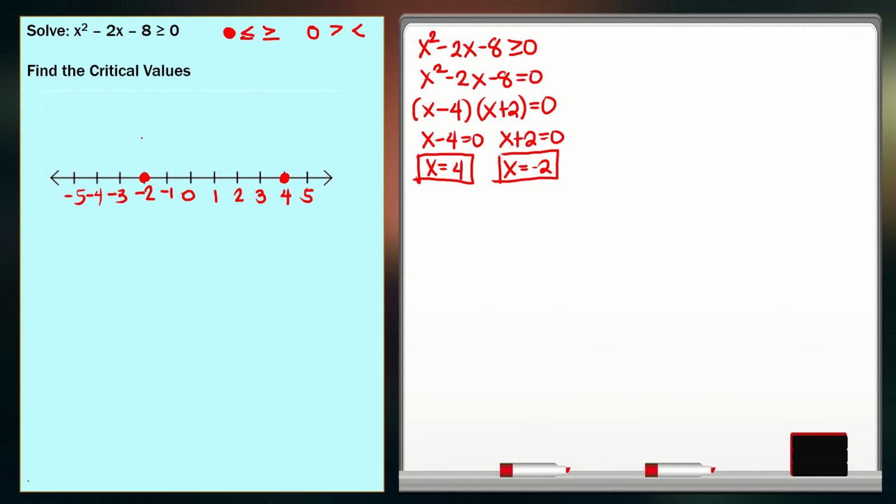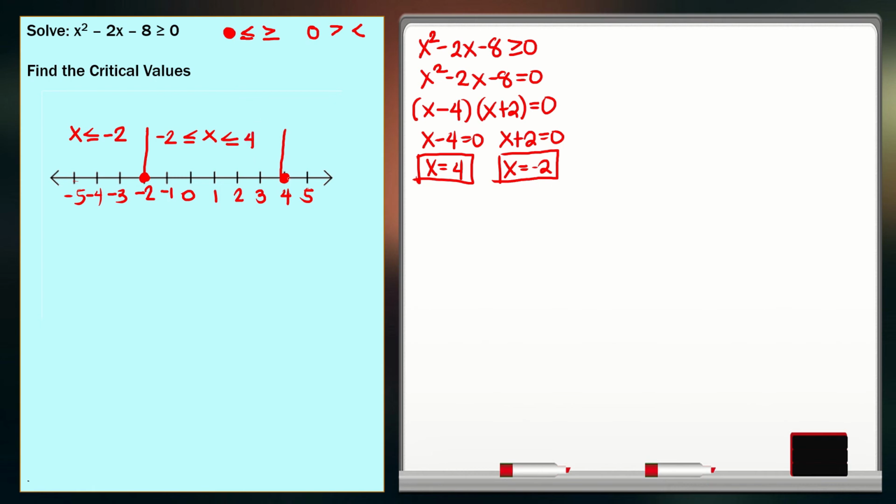Next, we're going to put boundaries between them. To the left of negative 2, we have negative 3, negative 4, negative 5. We know that x is less than or equal to negative 2. Here, these are the boundaries between negative 2 and positive 4. So we have x is greater than or equal to negative 2 but less than or equal to positive 4.